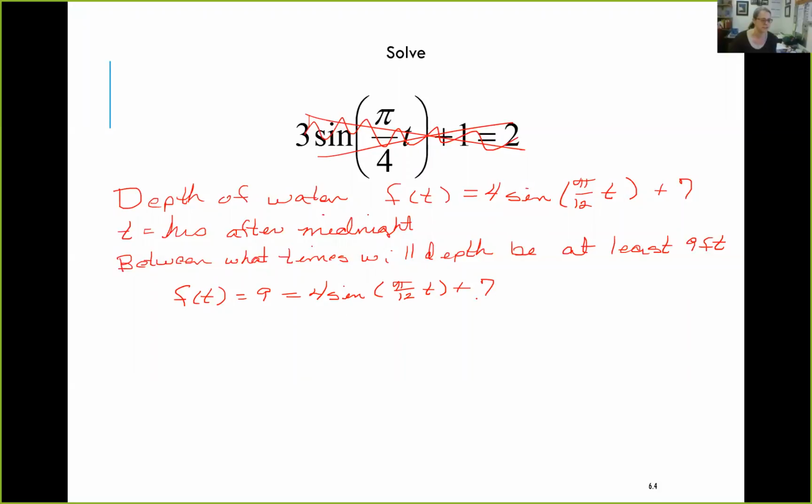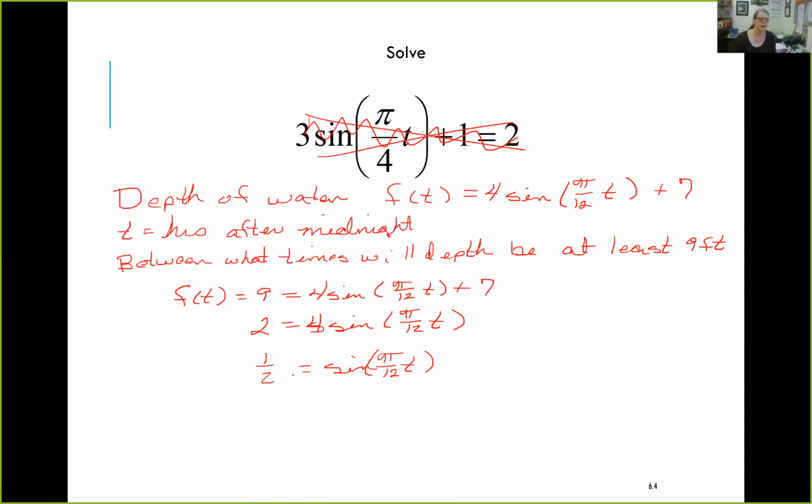Isolate our trigonometric function by subtracting 7 from both sides, and we get 2 equals 4 times the sine of pi over 12 times t. Divide through by 4, and you get 1/2 equals the sine of pi over 12 times t.